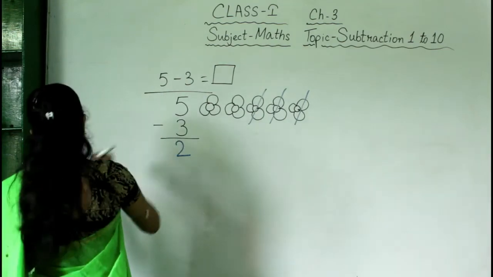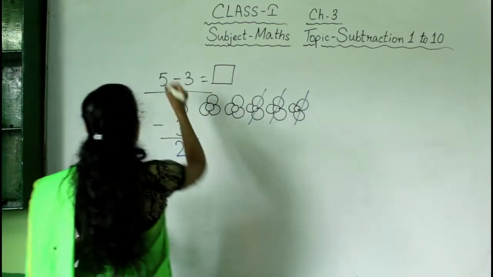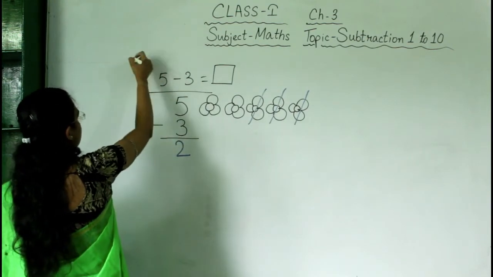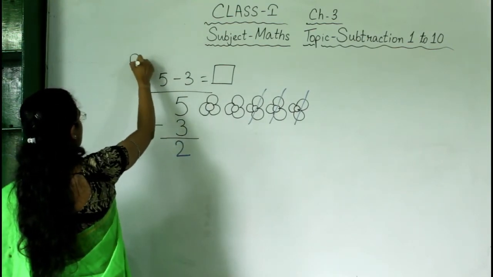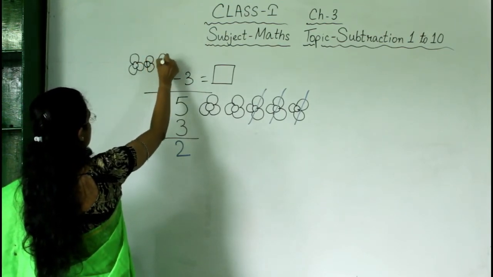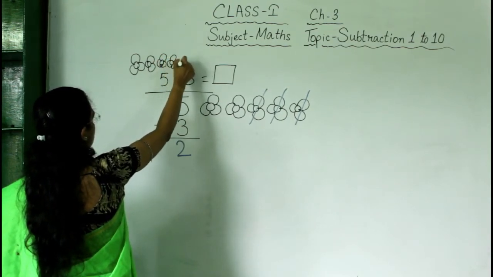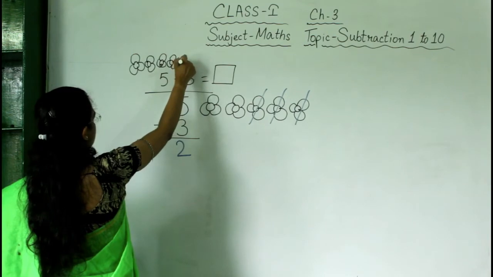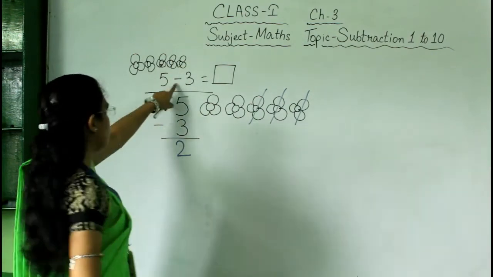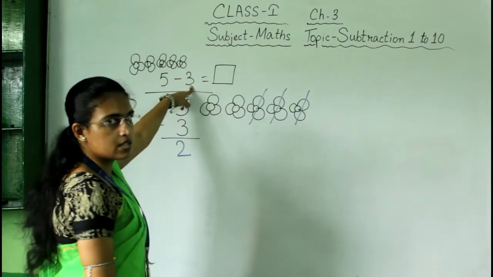Now if you do it this way, which number is this? 5. So how many flowers do we have to draw? 5. 1, 2, 3, 4, 5. Okay. So what is this? Minus. Now which number is this? 3.